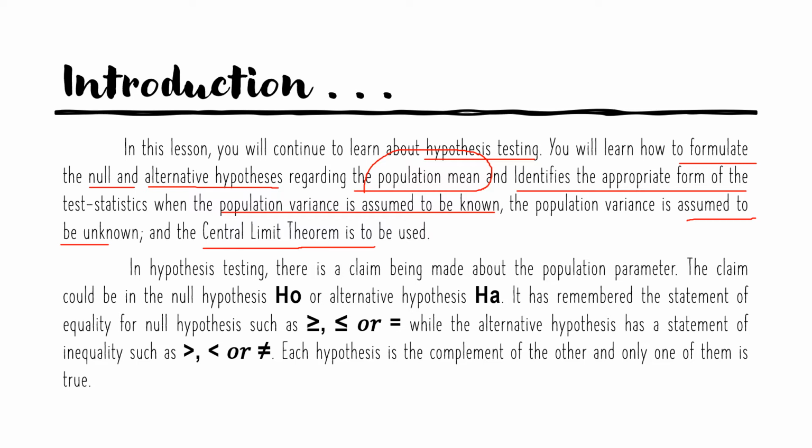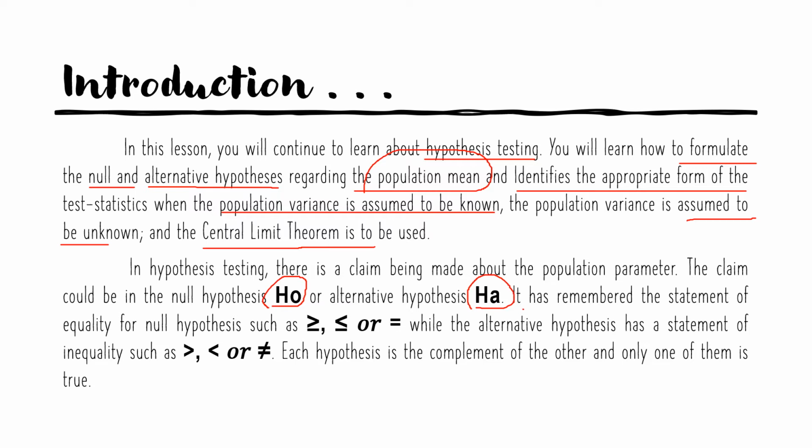In hypothesis testing, there is a claim being made about the population parameter. So the claim could be in the null hypothesis H0. So we simply use H0 to represent your null hypothesis, and we simply use your HA to represent your alternative hypothesis. Remember the statement of equality for a null hypothesis.